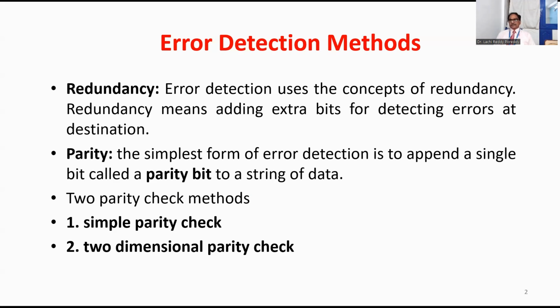If odd, then it is odd parity. Depending on the requirement, we can follow either. But for understanding purposes, in the examples we discuss we will be using the even parity method.